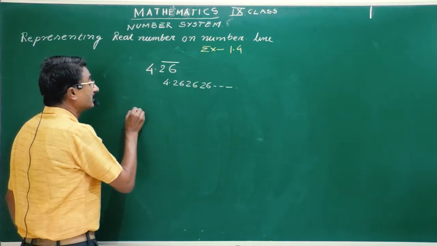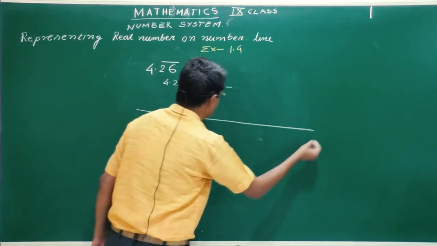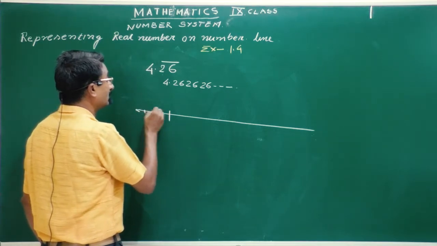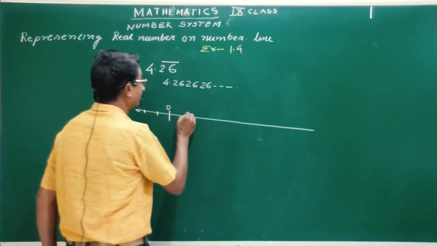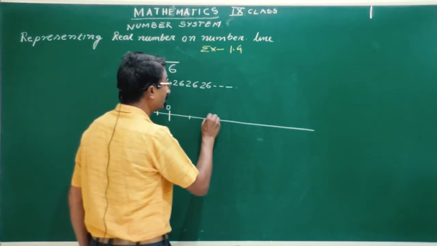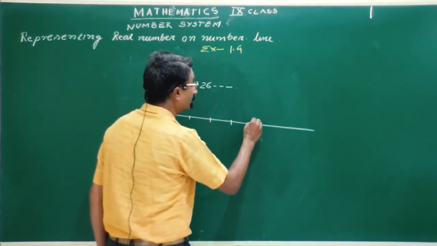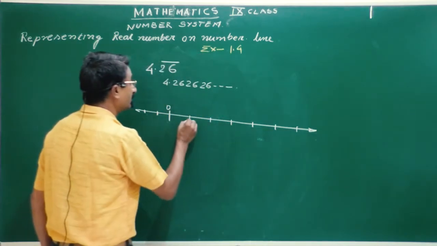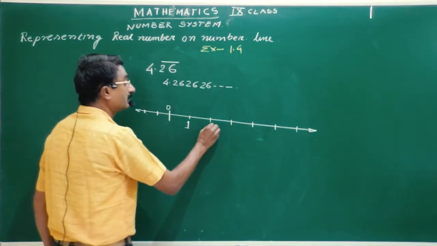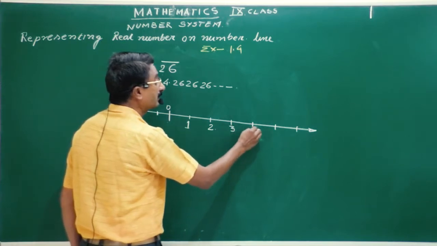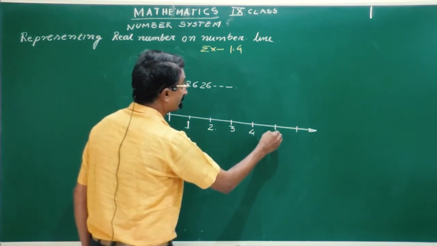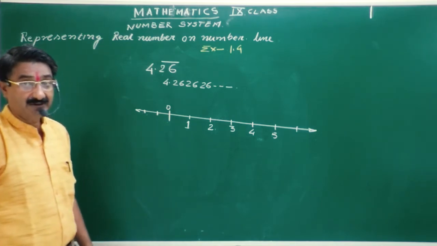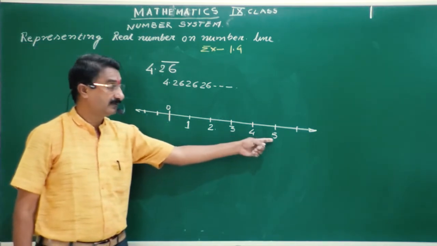Now, the process is the same. Draw a number line: 0, 1, 2, 3, 4, 5, 6 and this is the arrowhead. The number 4.2 is lying in between 4 and 5.